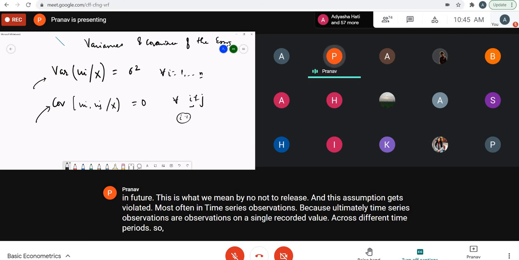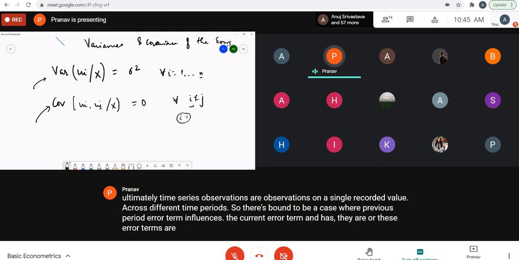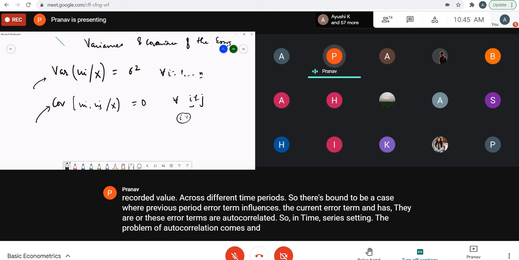So there's bound to be a case where the previous period's error term influences the current error term, and hence these error terms are autocorrelated. So in a time series setting, the problem of autocorrelation comes, and in a cross-sectional setting, the problem of heteroscedasticity comes.